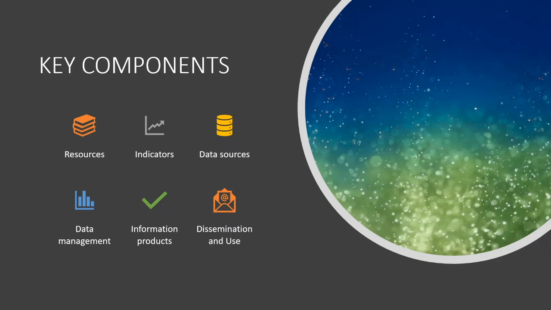This includes personnel, financing, logistic support, information and communication technology, that is ICT, and mechanisms for coordinating both within and between the 6 components. Then comes the indicators.